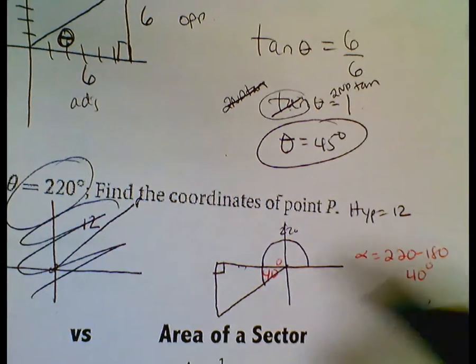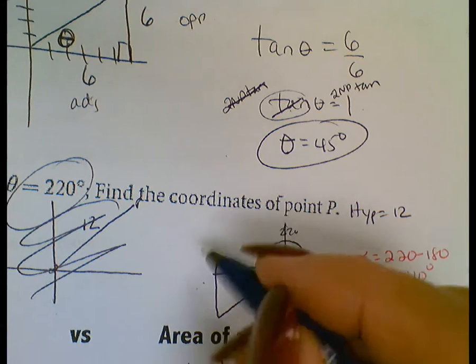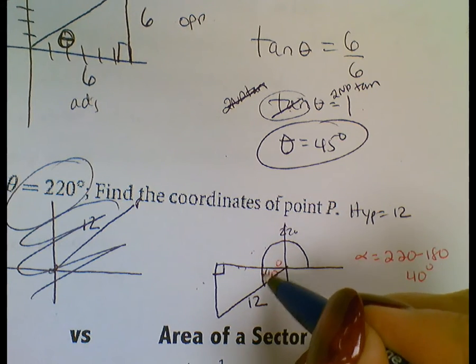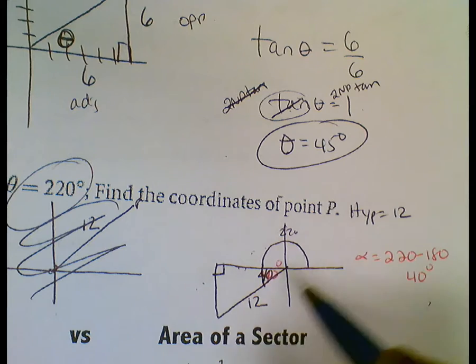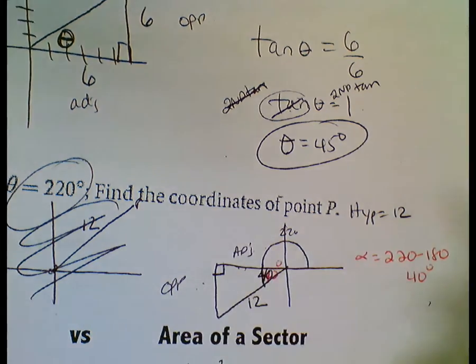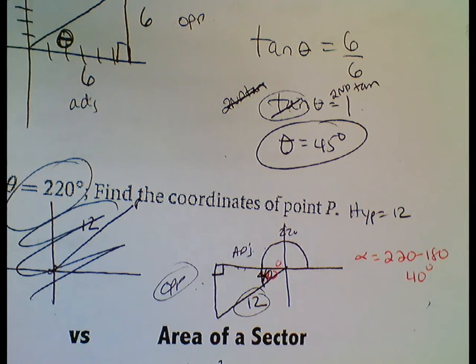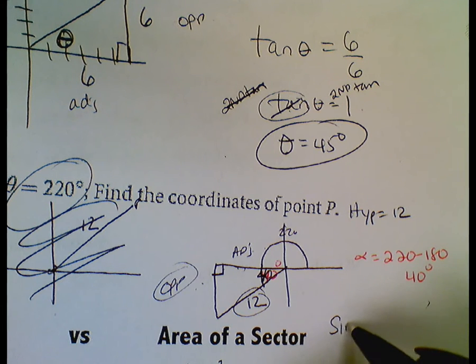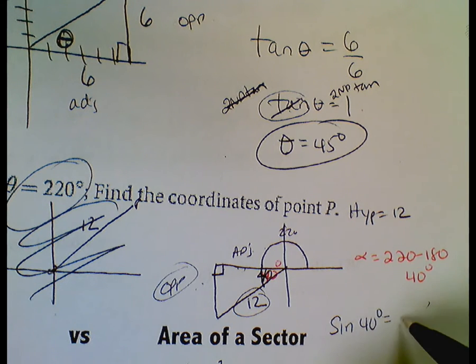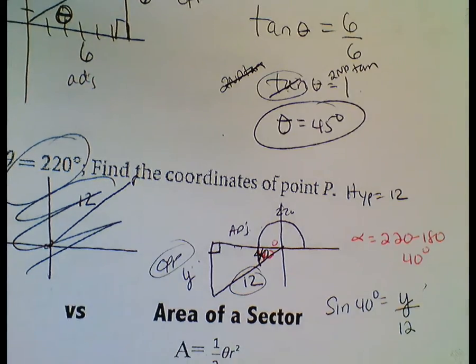triangle. And if OP is 12, how can I find X and Y? So according to 40 degrees here, this is my opposite, and this is my adjacent. So I need a trig function that involves hypotenuse and, say, opposite. That would be sine. So you could say sine of 40 equals opposite, which is y, over the hypotenuse, 12.